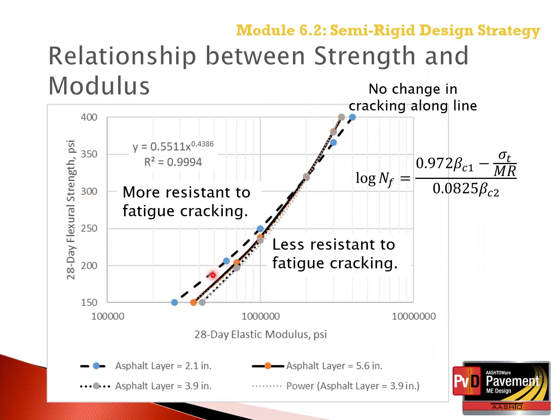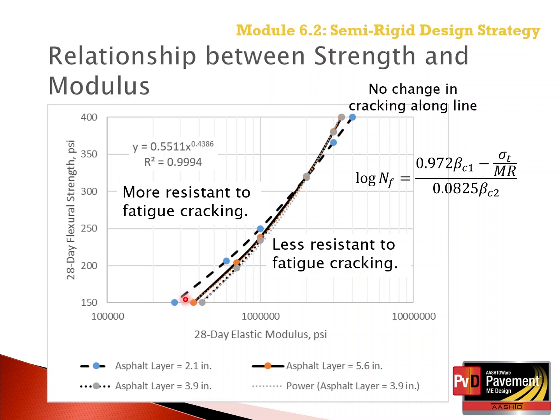The closed blue circles are an asphalt layer thickness of 2.1 inches. The solid black line is an asphalt layer of 5.6 inches. And then the closely spaced dashed line is for 3.9 inches.